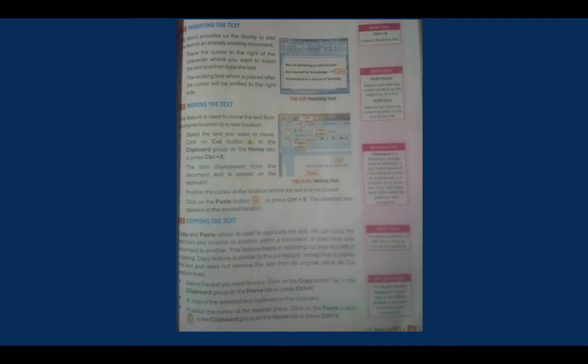Or knowledge is important. You forgot to write it, so you can just click next to knowledge and type there. Okay, and you can write is very useful. So this way you can insert a text in an already saved file.